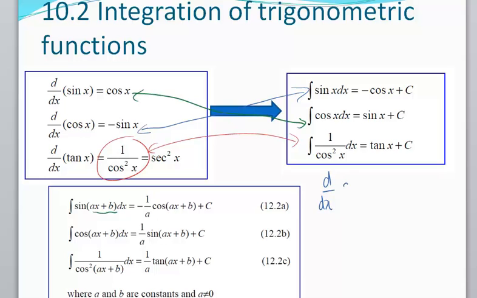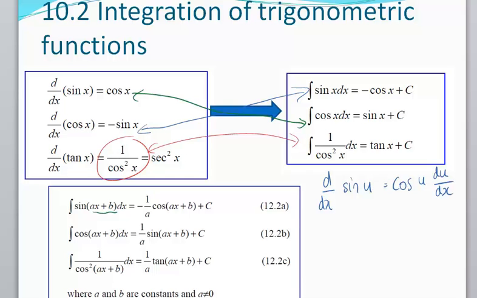We have d on dx of sine of u is equal to cosine of u du on dx. So this is the same thing that we're going through here. Our du on dx gives us this 1 on a. So whether we put it on this side or on this side, which way we work through it, it's not important so long as we understand what we're doing.